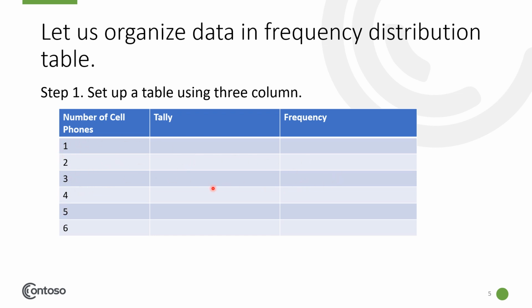Simple frequency distribution table. 1, 2, 3, up to 6. So, that means include 6 families. Tally, no? Yung tinatawag na strokes. And then, dito naman ay ang total o yung frequency. So, each item in column 1 is called class of the table. So, ito yan, class of the table.